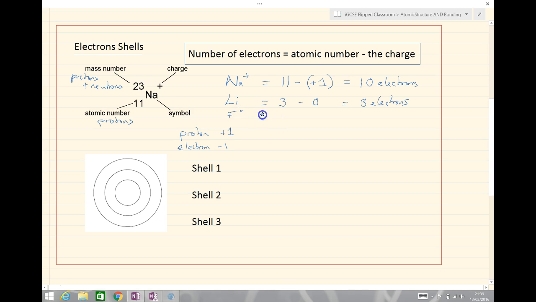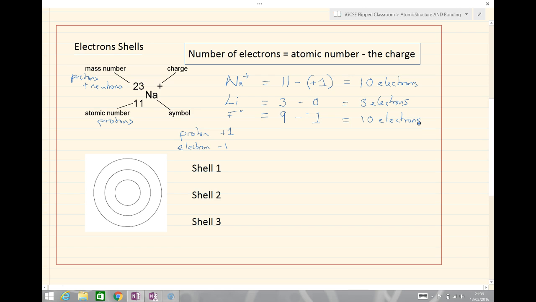So in this example, fluorine's got an atomic number of 9, we've got a -1 charge, so it's 9 minus -1, which gives us a positive value. So again we have 10 electrons in fluoride.